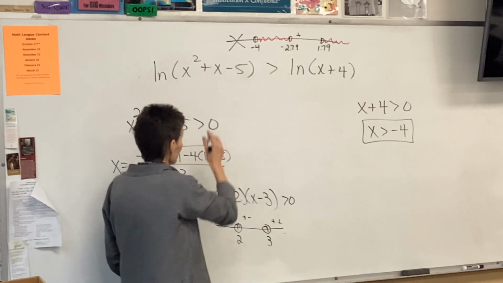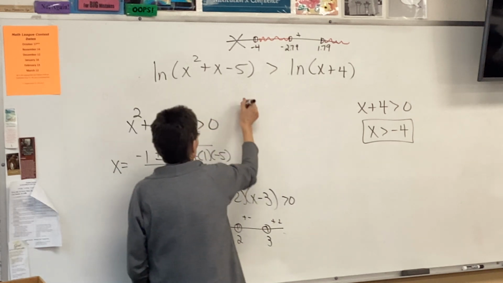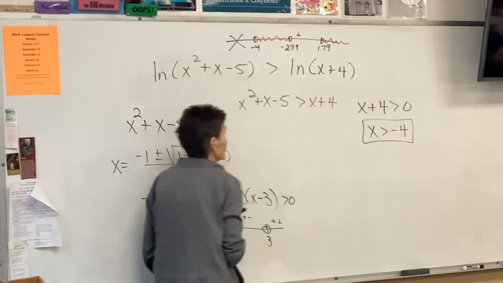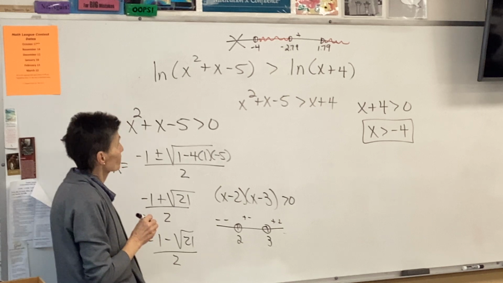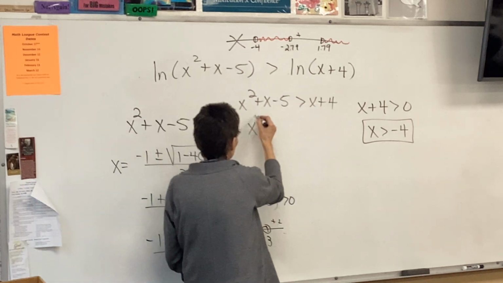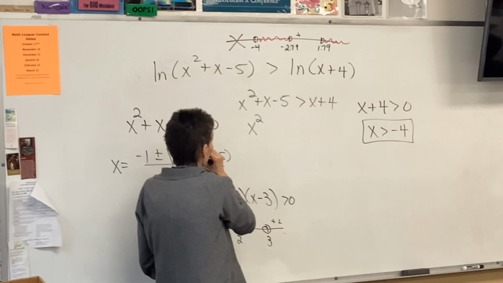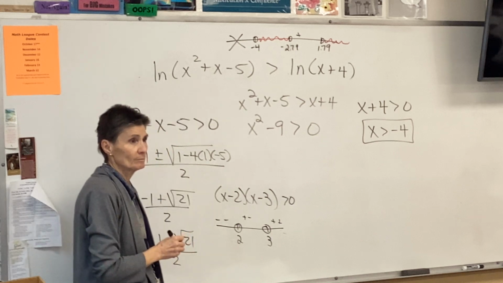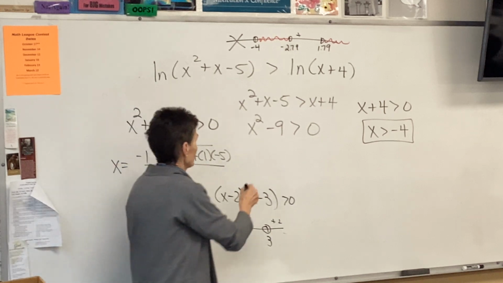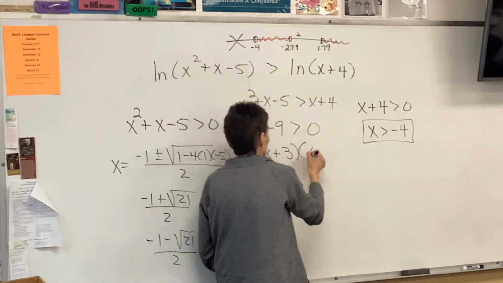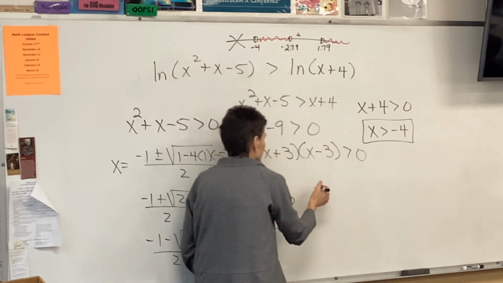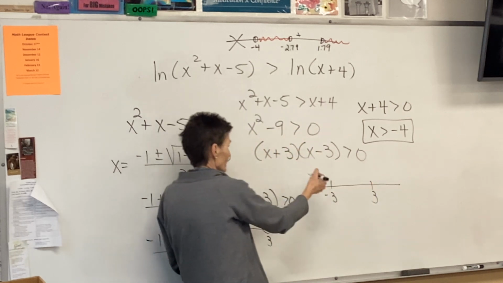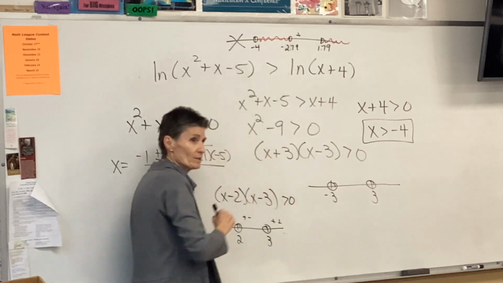Okay, now I'm going to solve the problem. So, x squared plus x minus 5 is bigger than x plus 4, which means x squared minus 9 is bigger than 0. Here we are, right where we were a minute ago. We were going to shade that.